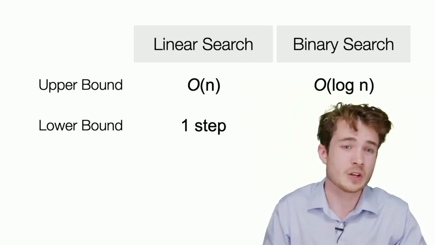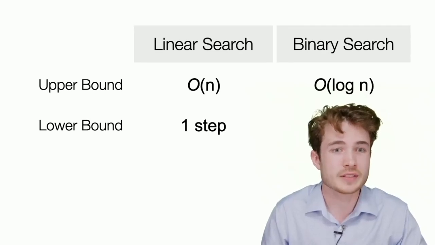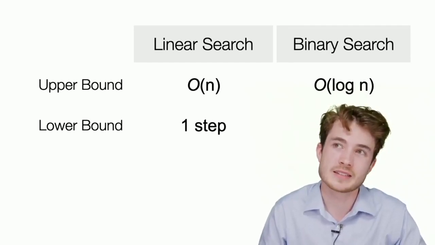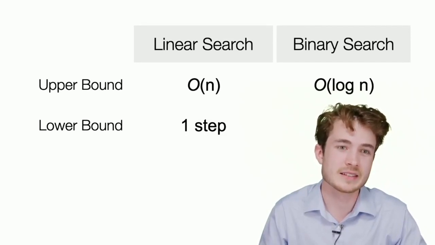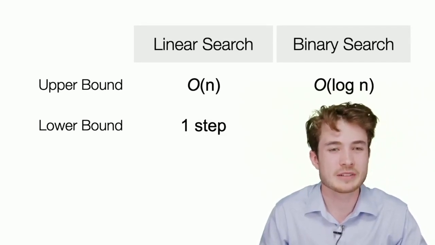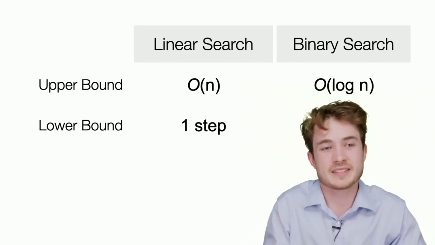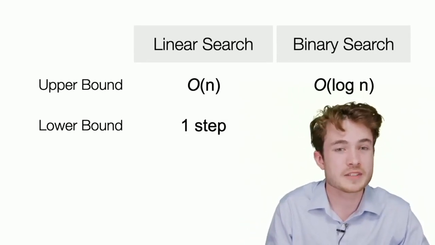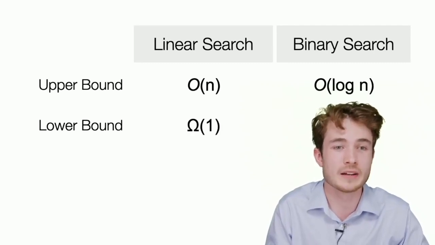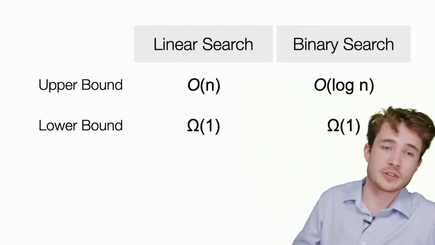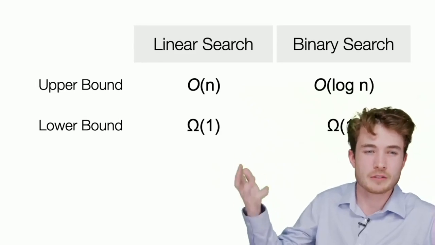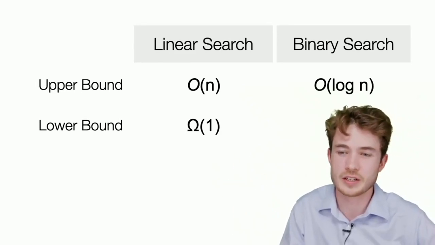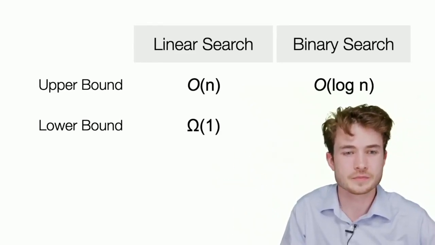In the very best case, lower bound will be one step and one step here. And so what we often use for this notation is this omega of 1. So we're saying this is on the order of about one step or a finite number of steps for linear search and binary search here.